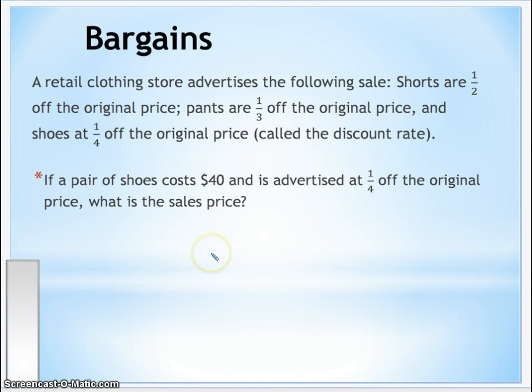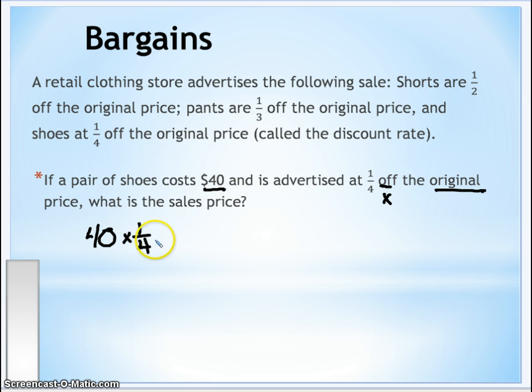First off, we need to find out what is the discount. So how much is being taken off of the price? So 1/4 off the original price. Well, in here you see this word of. The word of means multiply. Of means to multiply in these math problems when read correctly. So we are going to take 40 times 1/4 because 40 is the original price.